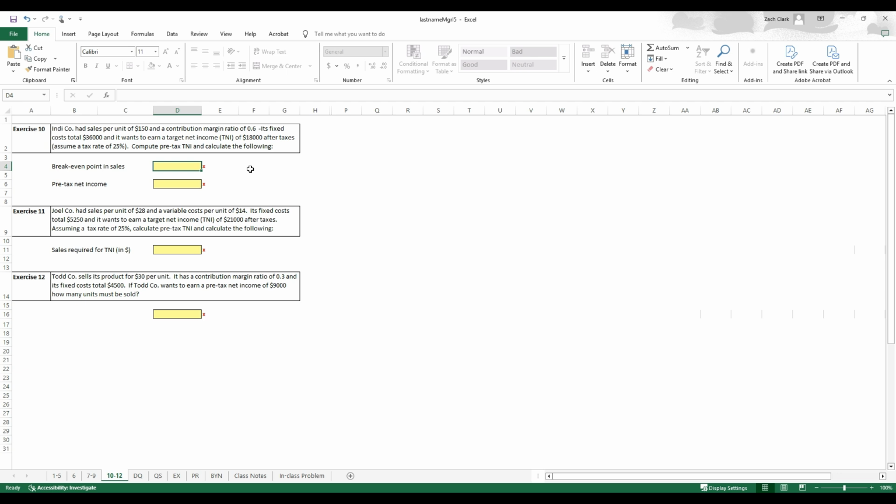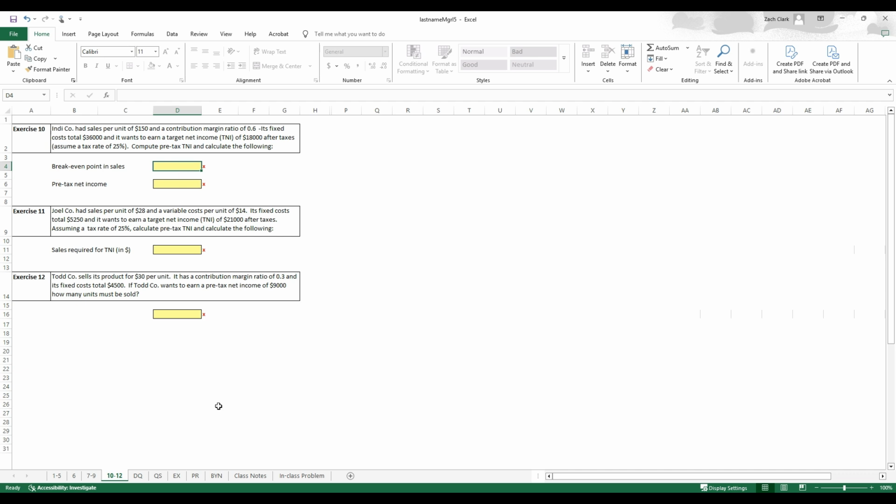That's not the final answer, but it's going to be a part of what we need. So if the contribution margin ratio is 60% of 150, the contribution margin is $90. In other words, $90 divided by 150 gets us 60%, basically 0.6.